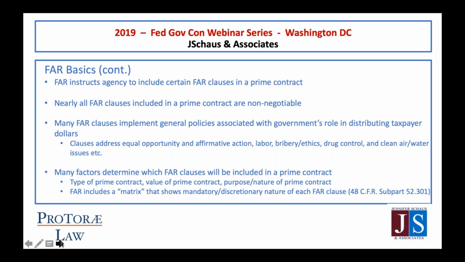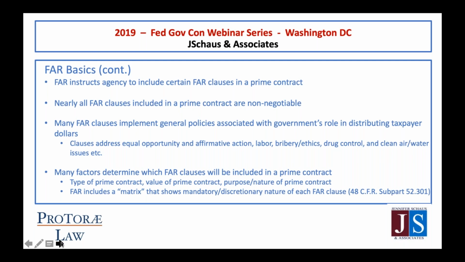In addition, there is an opportunity for a prime contractor to influence what is included in the solicitation and thereafter maintained in the contract. When a government issues an RFI, or request for information, or a draft RFP, contractors can give feedback and say, no, this clause really doesn't apply to this type of procurement, or why is the government including this clause?